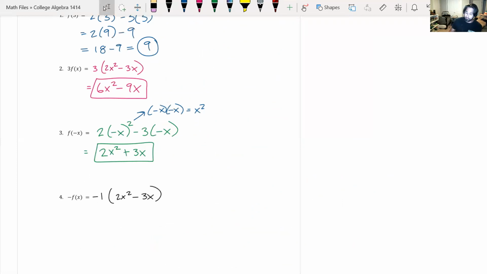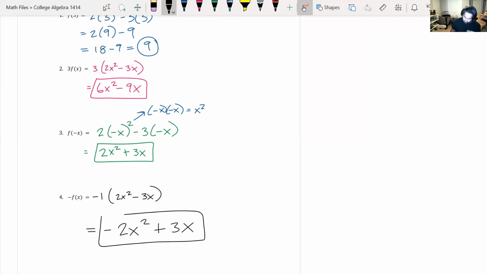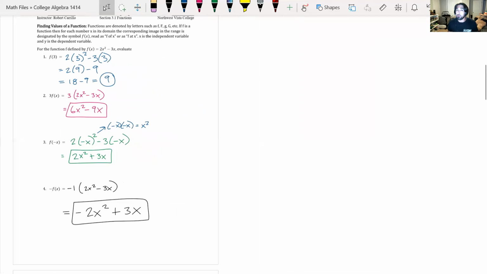Distribute that negative 1, and we're done. And there we go. That is how you evaluate a function. Evaluate means to substitute and simplify. There is no solve.